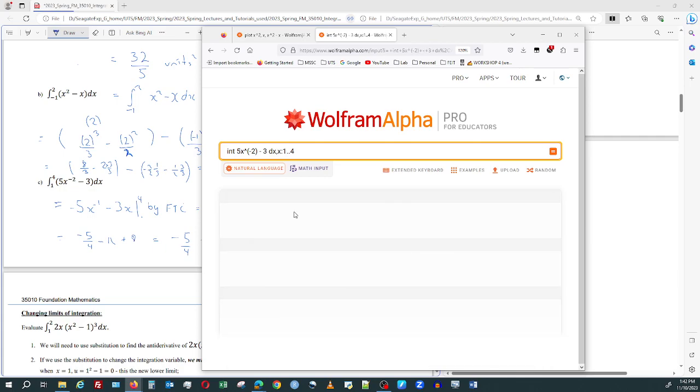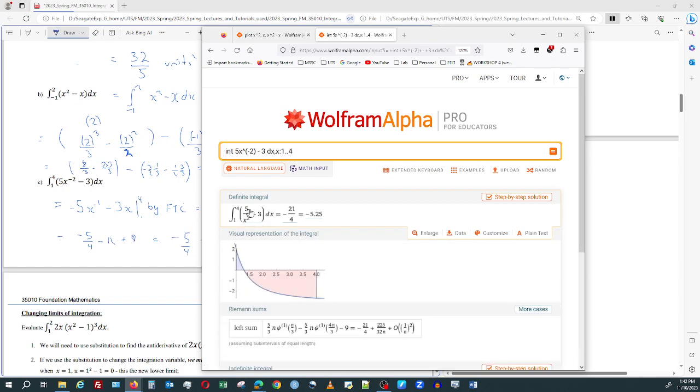It's an upside down something or other. 5 over x squared minus 3. 4 is predominantly 5 1/4. You see that we did the correct thing, but we don't have a negative area per se. We have a net area under the curve in the negative space, but it's not a negative area. So we need to make sure that we understand that distinction.